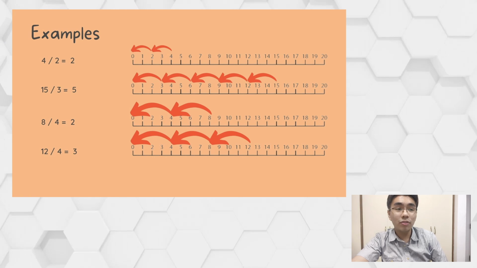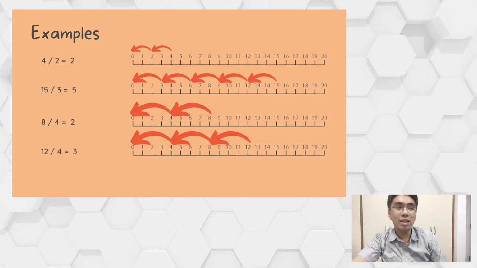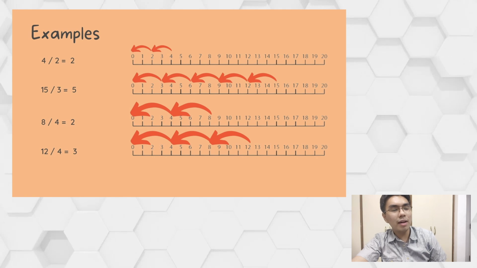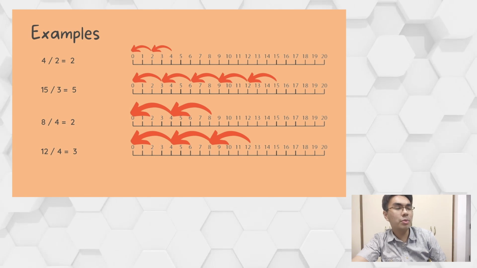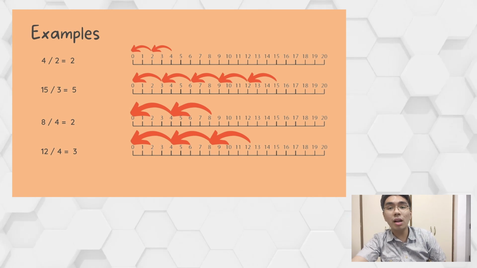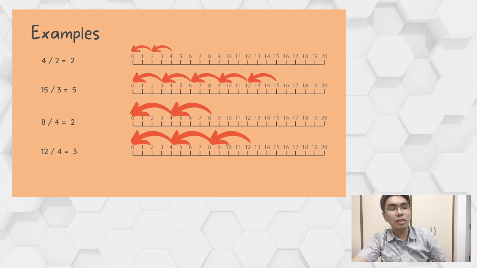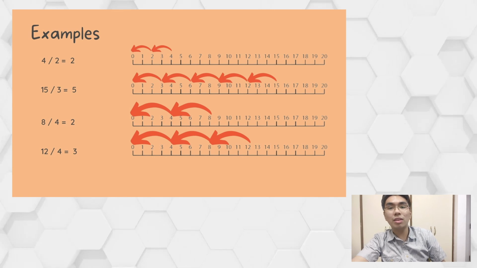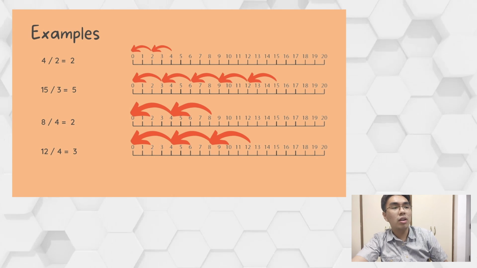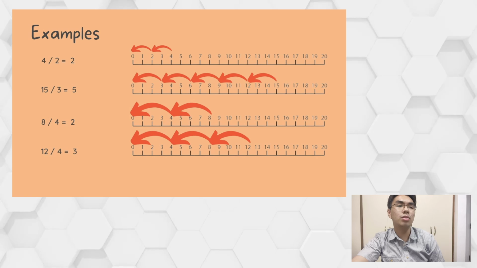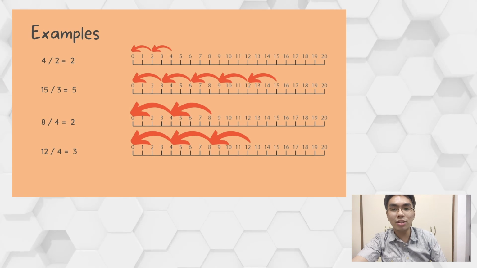For the fourth example, 8 slash 4 equals 2. Likewise, we start from 8, and we count or skip 4 two times until we reach 0. So, 4, then 0. During the entire process, we have 2 arrows. So, the final answer is 2.